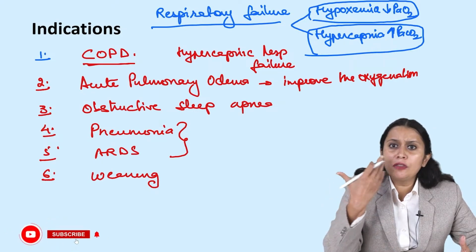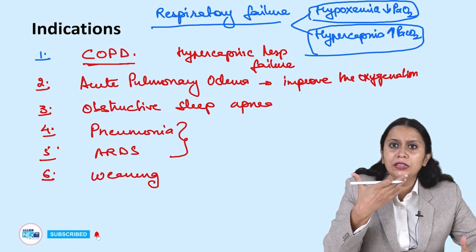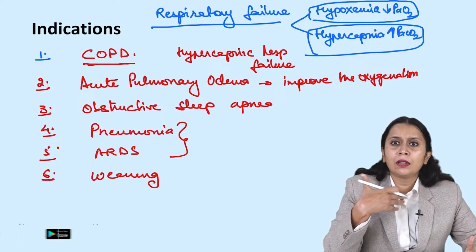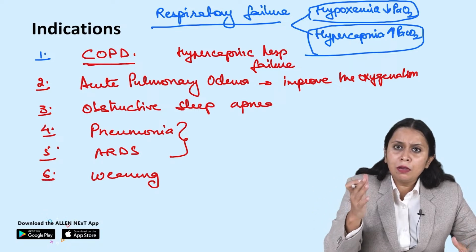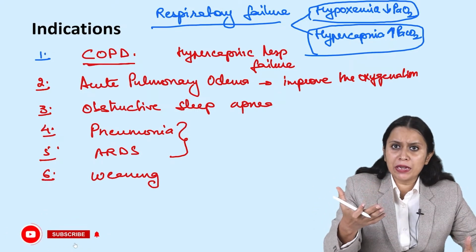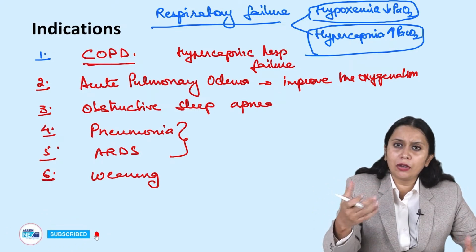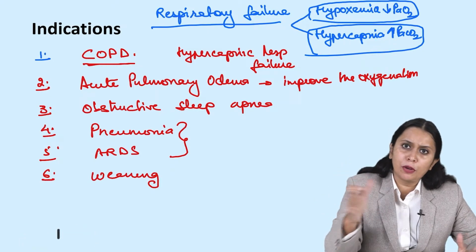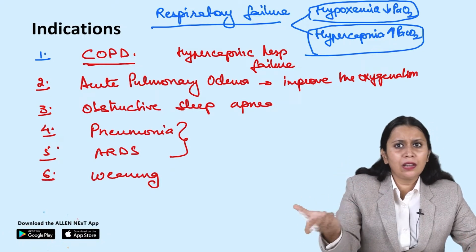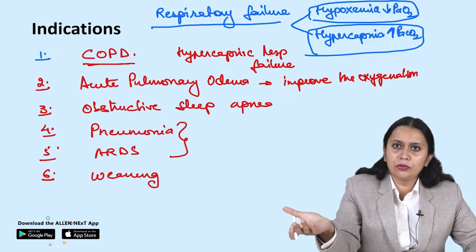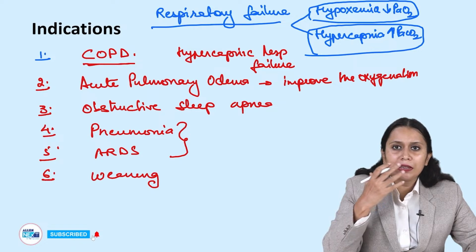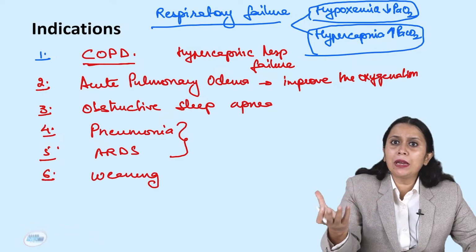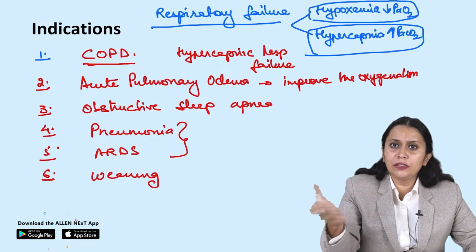Then inability to clear secretions, again the risk of aspiration, so we cannot put the patient on non-invasive ventilation. You're getting my point? Now, if the patient is uncooperative, we need the cooperation of the patient for proper ventilation in non-invasive. Again, it is difficult, though it is not an absolute contraindication. And if the mask we are using is not giving a tight fit, then again the purpose of ventilation will not be served with non-invasive.